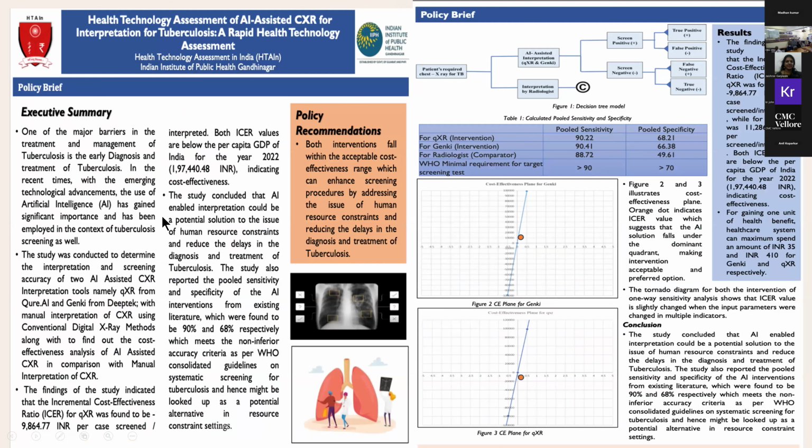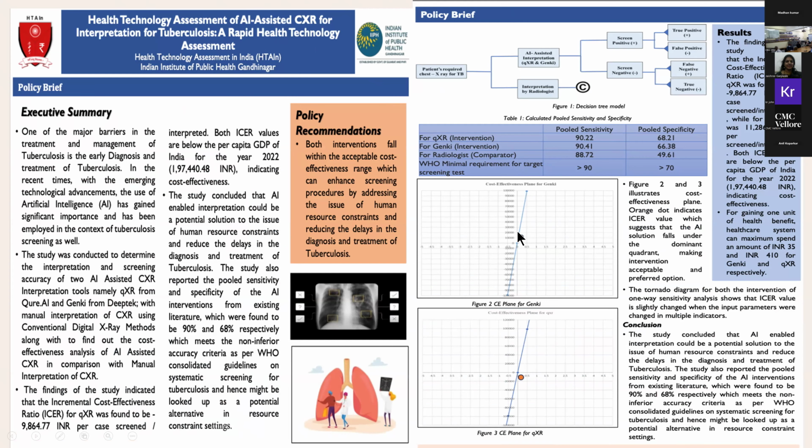And this is actually one sort of related to our TB topic. And they provide you the full article as well as this sort of summary statement that they give you. So this is a HTA looking at AI-assisted X-ray reading for TB. And they actually found, remember the ICER diagram that we showed? This is the willingness to pay threshold.